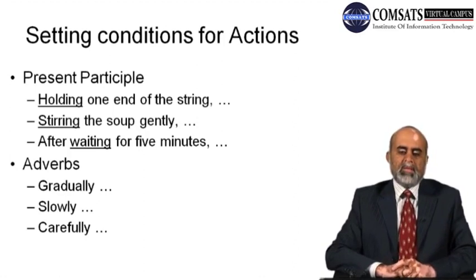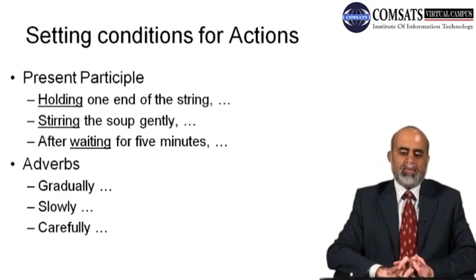Like you can say holding one end of the string, give a knot, or you can use any other action verb along with it, but holding one end of the string could be a condition. So our condition actually starts with the present participle, which is holding.